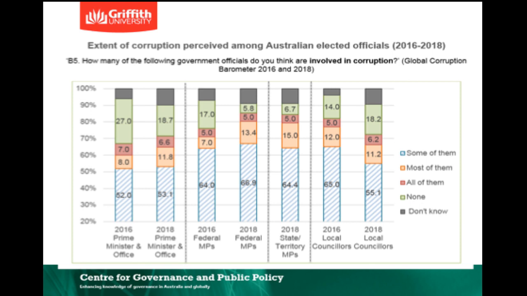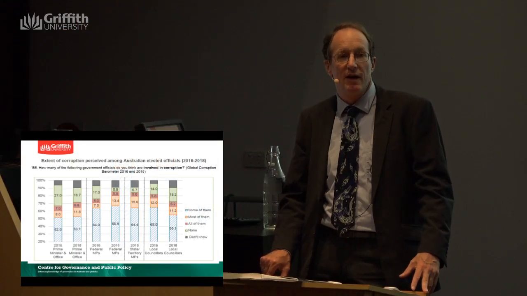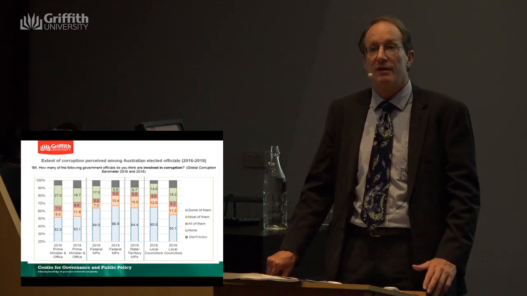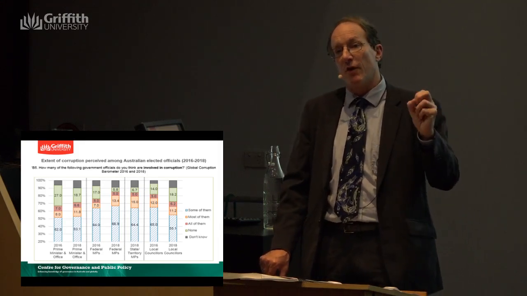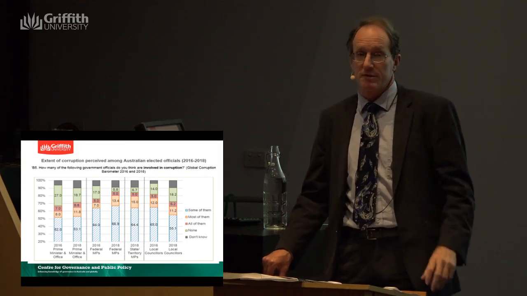So the proportion of Australians who believe that some or most or all federal politicians are corrupt rose from 76% in 2016 to 85% just 2 years later, with all the shift happening from those who believe that some are corrupt to believing that most are corrupt.